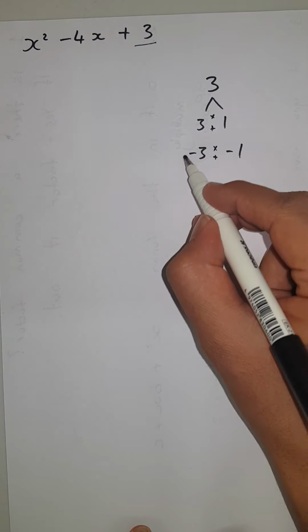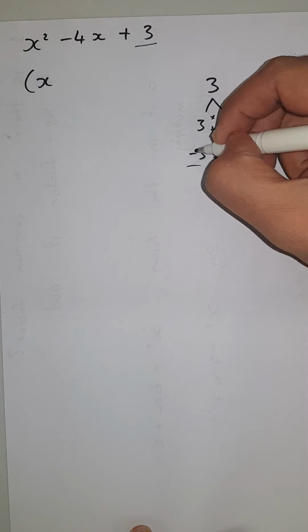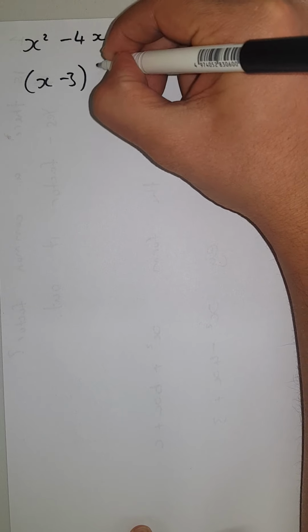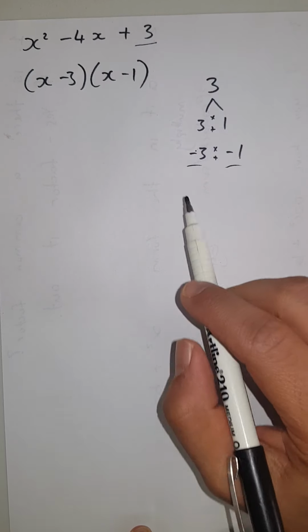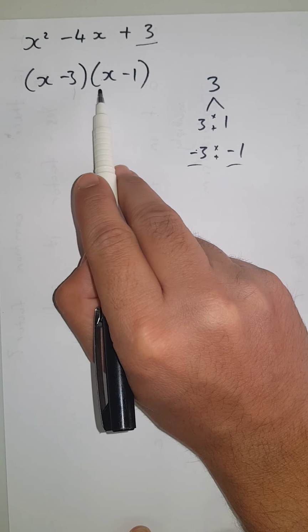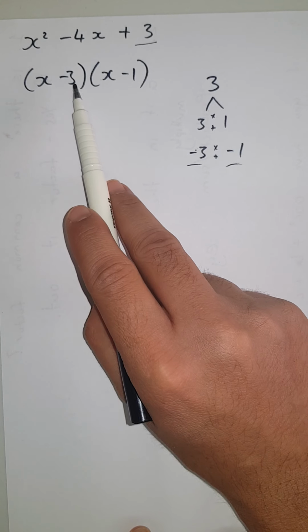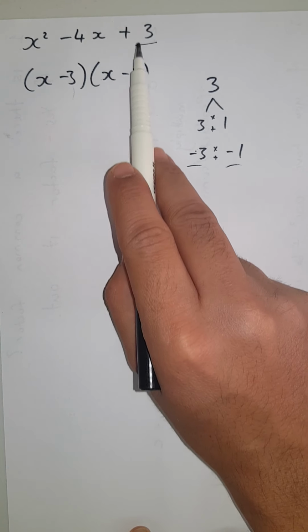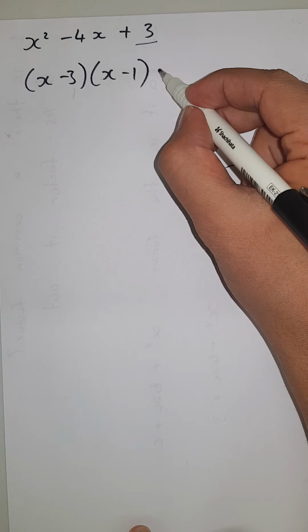So I'm going to use these two, x minus 3, x minus 1. Let's test that out. X times x is x squared, minus 3x minus 1x is minus 4x, and minus 3 times minus 1 gives me positive 3. That is correct.